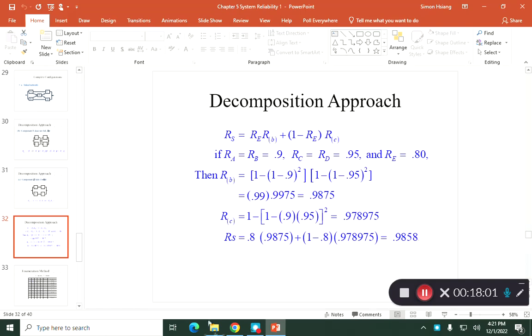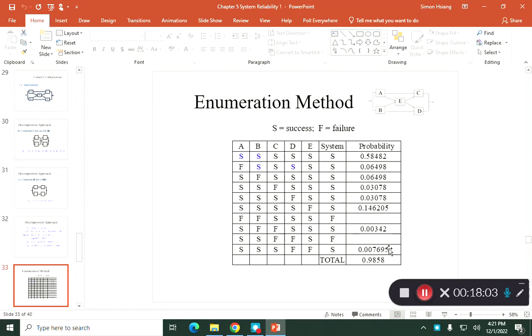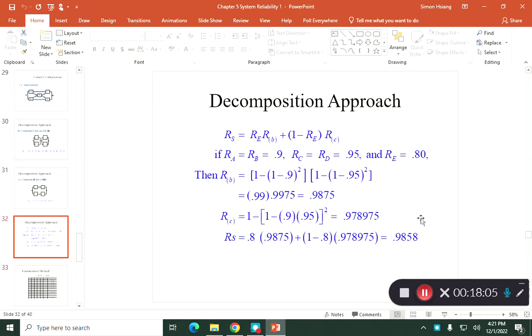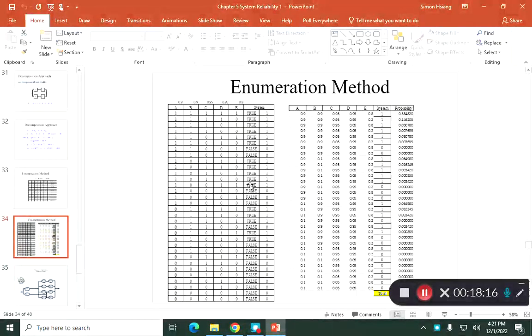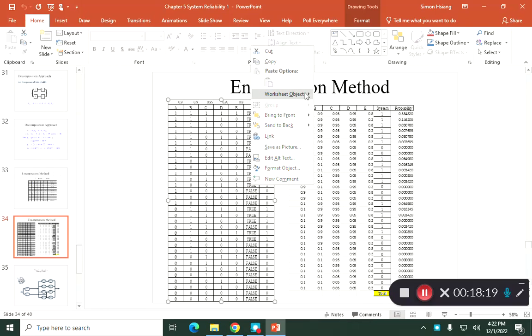Okay, now let's do it numerically. Whatever we did, the enumeration should equal the same answer. So how to do this? You can look at it almost like doing this.